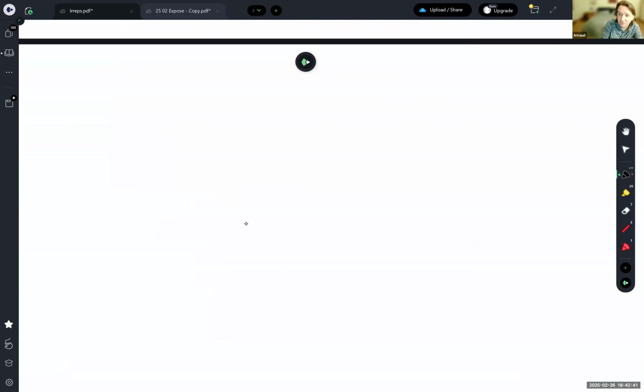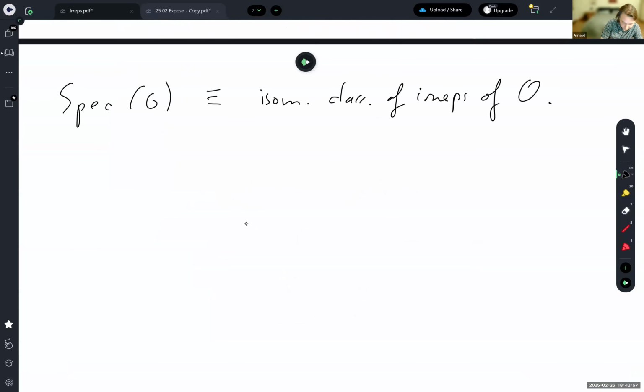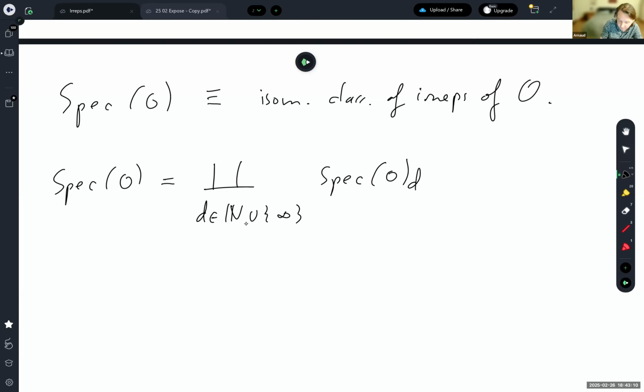So let's take the spectrum of O, the isomorphism classes of irreps of O. Here I have a dimension function, so I may just write it as a disjoint union for D in N union infinity of the ones of dimension D.